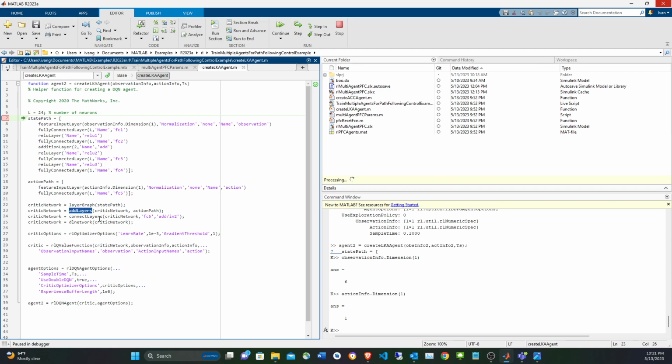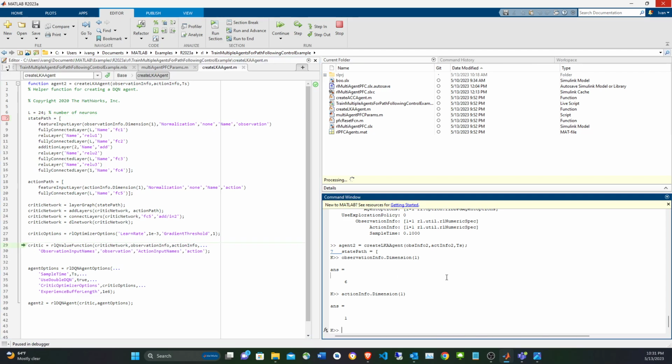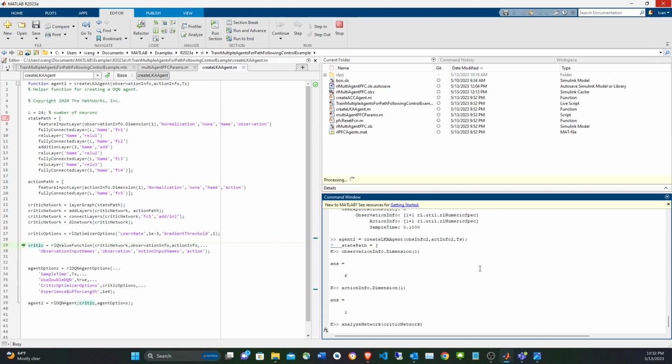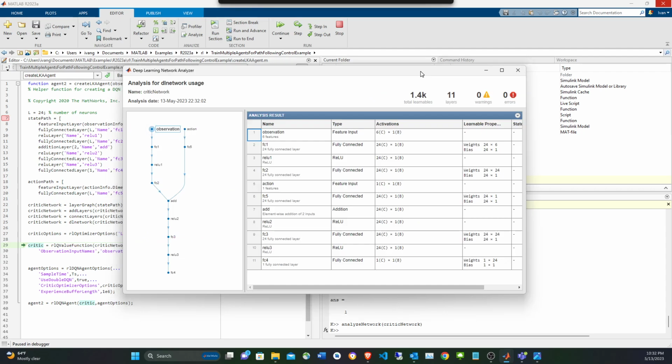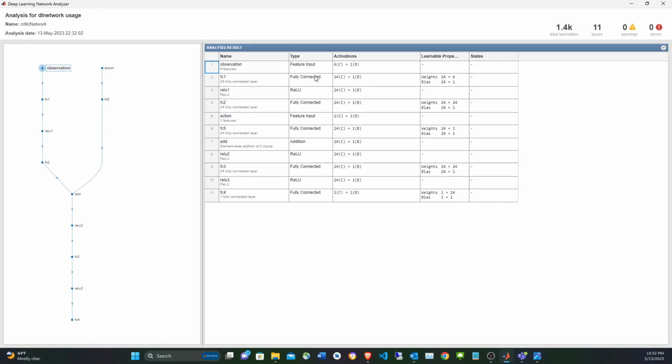We're going to add the layers, connect them, and wrap the layer graph into a DL network, and then have those similar optimization options of learning rate and clamping gradient. So we're just going to go there and take a quick look at the network. The number of filters, the number of features per layer is smaller, it's 24 rather than 48, as in the case of the acceleration agent, but it's the same concept.